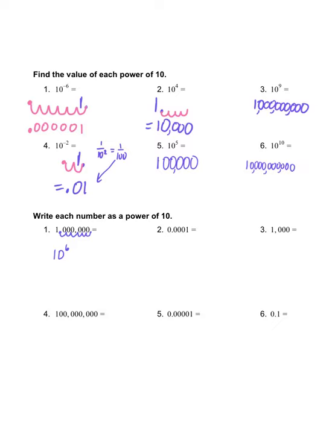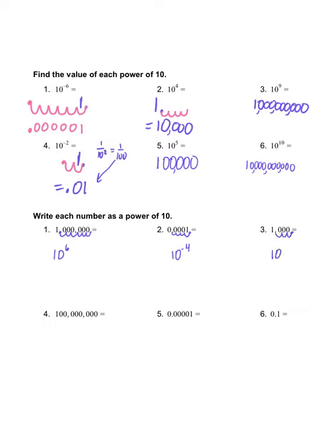On number 2, we're moving it to the right, so we're going to have a negative exponent. So I would move this one 1, 2, 3, 4 spaces until it would turn into a 1.0. So this would be 10 to the negative 4th. All right, number 3, starting at 1,000, I would need to move the decimal 3 times to the left.